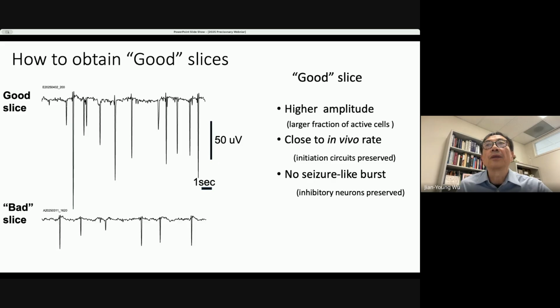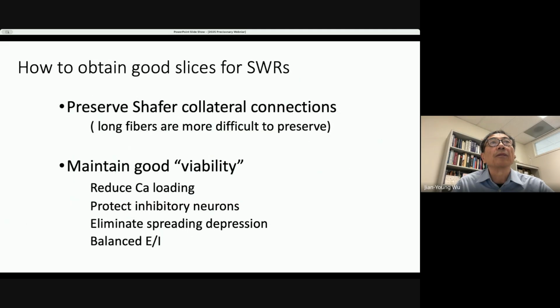Okay, so now how do we get good slices from ex vivo brain slices? Precisionary had a previous webinar by Dr. Jonathan Ting, which helped me a lot with the solutions and the steps for getting good slices. Mostly they preserve the cells and circuits during slicing and recovery.